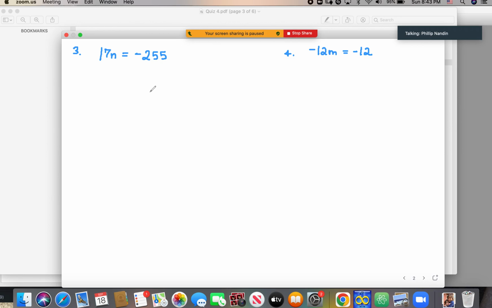Okay, now these next two, again, similar idea here. I want to get N by itself. What I do on both sides here is divide by 17. 17 divided by 17 is 1. 1 times N is just N. And then -255 divided by 17. I don't care how long this takes. Take your time.